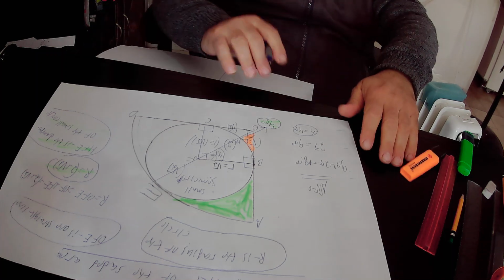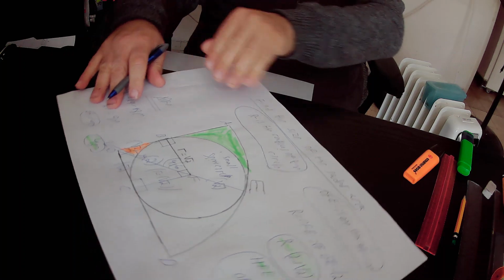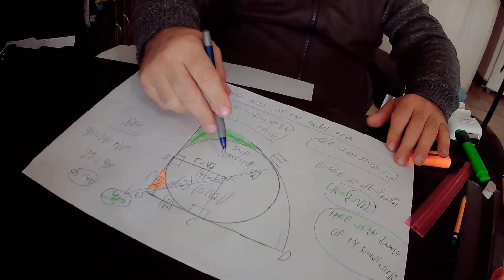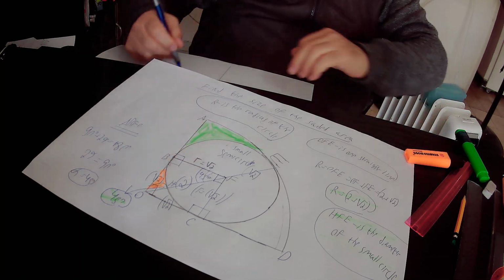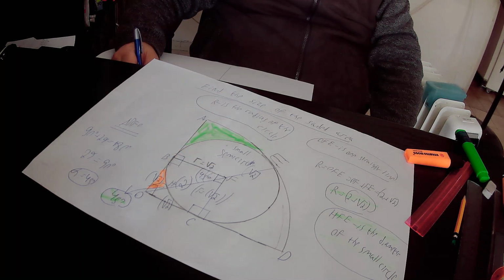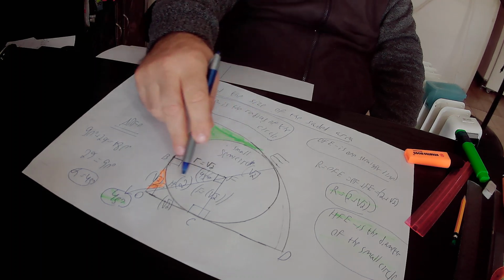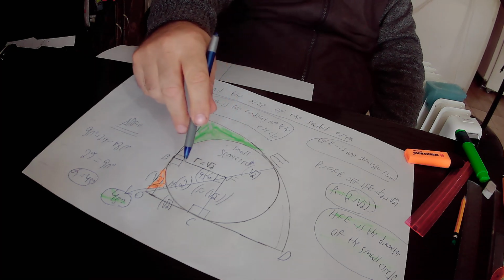From the drawing, it is very easy to see that the area of the orange shape equals the area of the right triangle FBO minus the area of the small sector FBH.